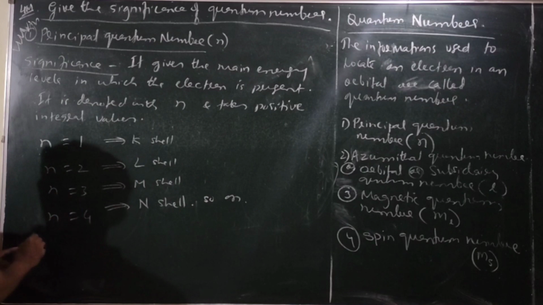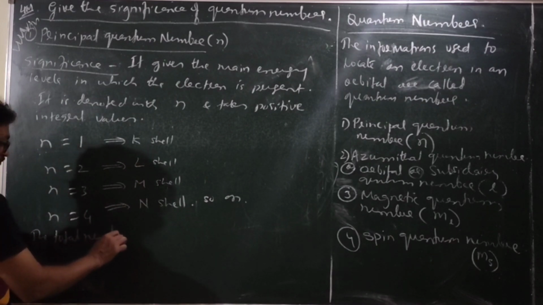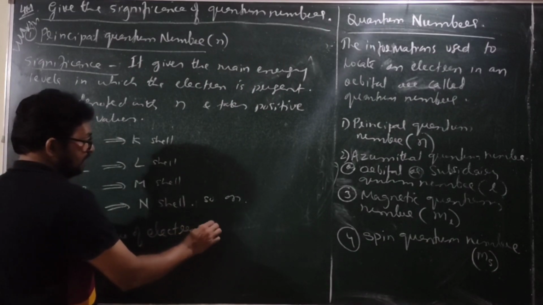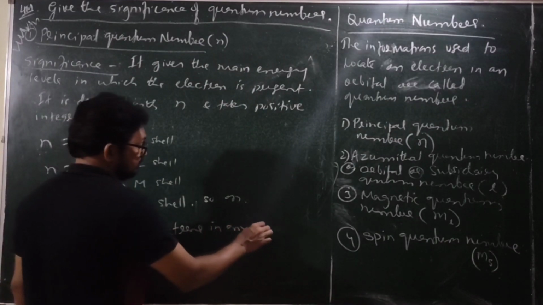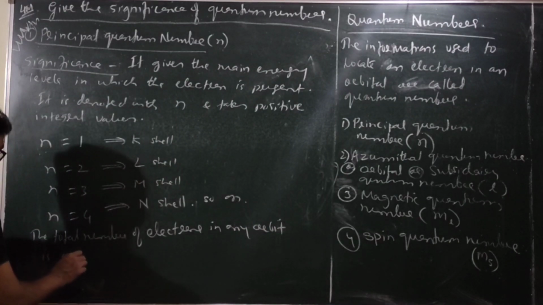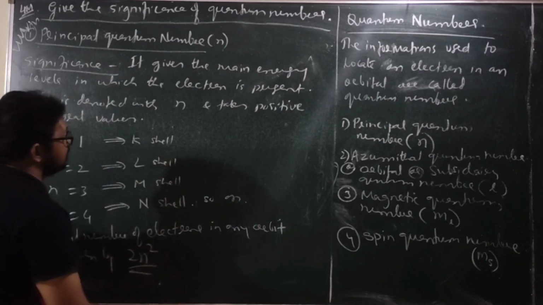And this also I should tell: the total number of electrons in any orbit is given by 2n square.